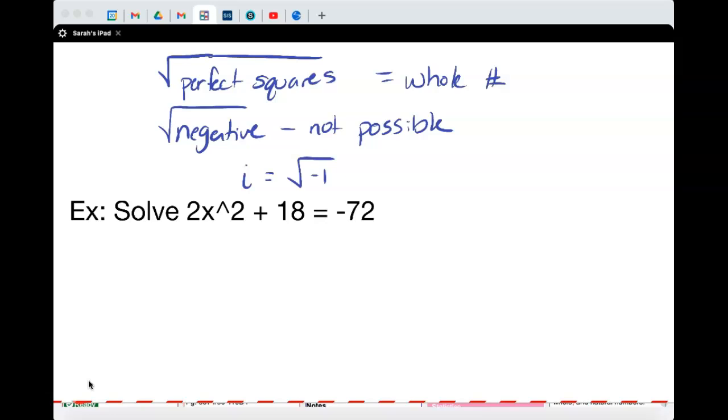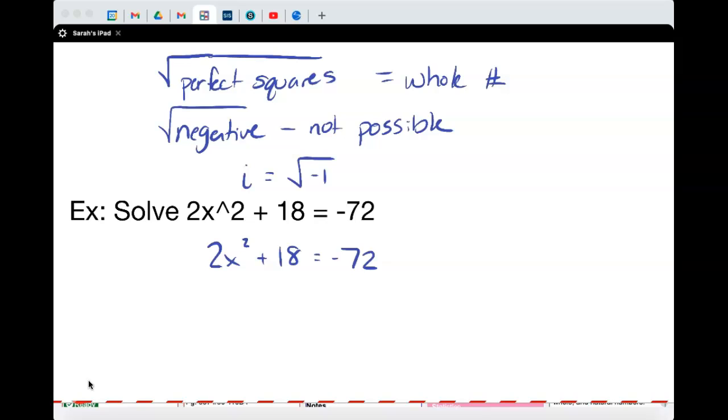Okay, so here we want to solve 2x squared plus 18 equals negative 72. Since I just have an x squared term, I can get the x squared part by itself and move all the numbers and other things over. I don't need to factor it, because I don't have x squared and x.